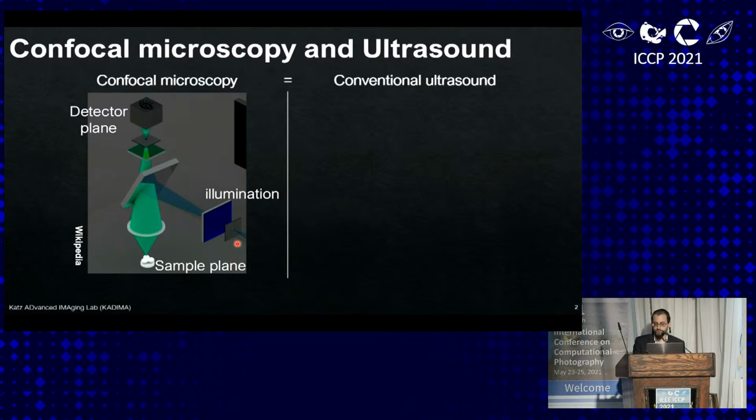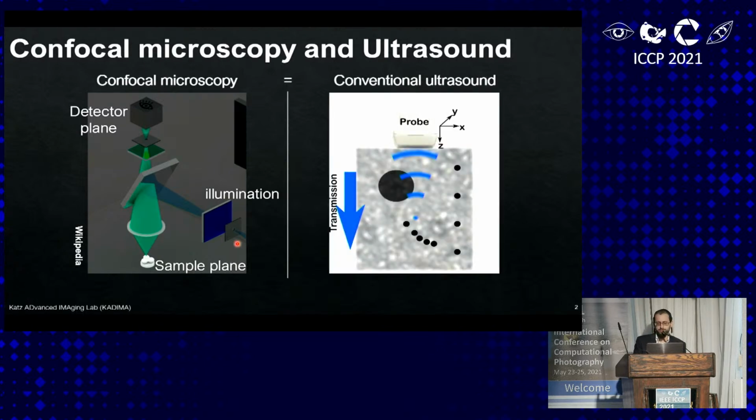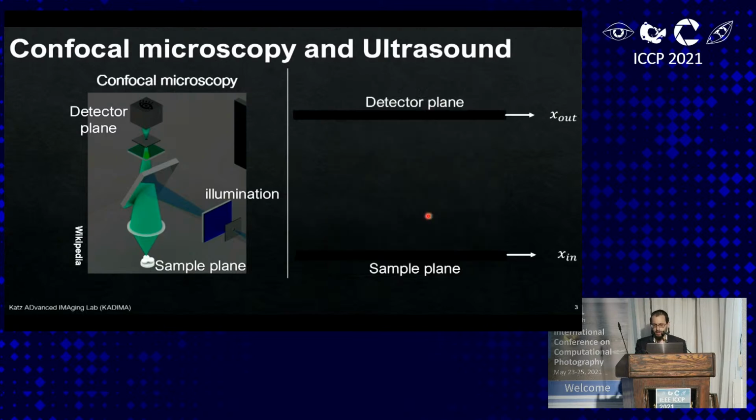In ultrasound as well, the transmission is focused into a spot in the medium, and the emerging echoes from that spot are detected. You scan the medium and form an image. Now, if we look at a 1D example, there is no such thing as focus into a spot, as we just saw with the PSF.